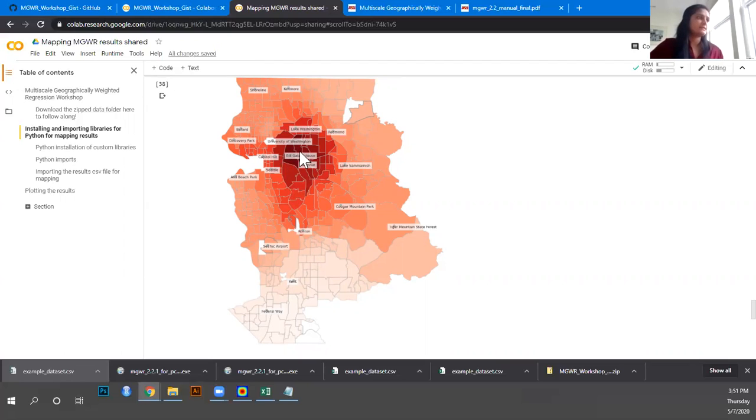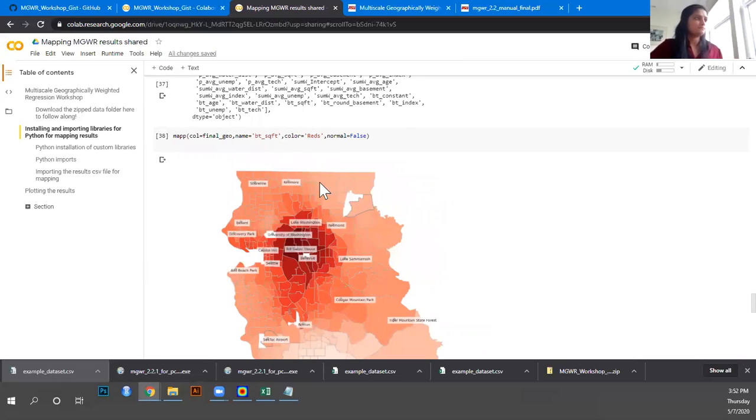It says that an increase in square footage of living area would get you a lot more money here than it would in these suburban regions, even in comparison to these other regions. So it's pretty interesting, and then you begin to see why you would want to do this rather than use just a simple global regression, because that would not tell you these kinds of insights that this would.